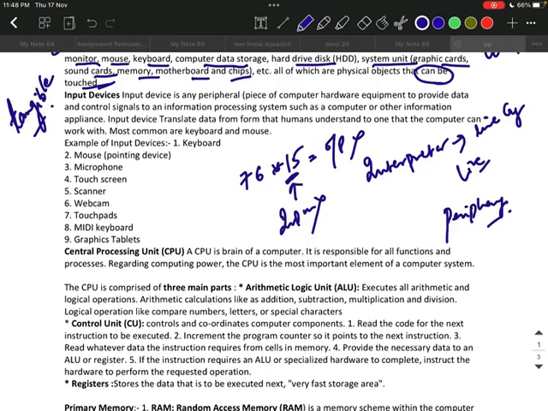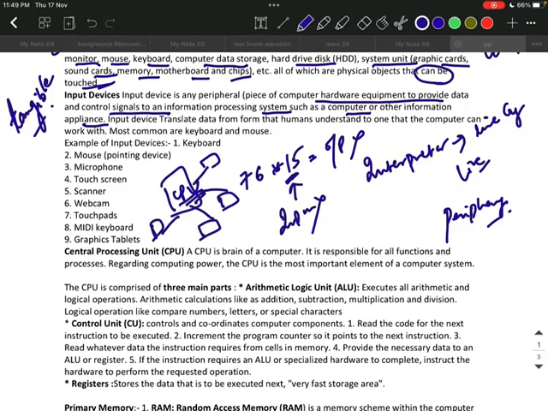So an input device is any peripheral device, a piece of computer equipment used to provide data and control signals to an information processing system, for example a computer or other appliance. कुछ भी computer से कुछ भी लेकर, like if you have a CPU as the main working component, उसके साथ आप कुछ भी लगा रहे हो, मॉनिटर लगा रहे हो, माउस लगा रहे हो, कीबोर्ड लगा रहे हो, ये सब उसकी पेरिफेरी में है, ये सब उसके आसपास कुछ लगाया हुआ है.